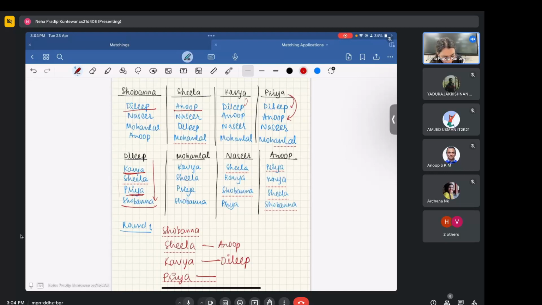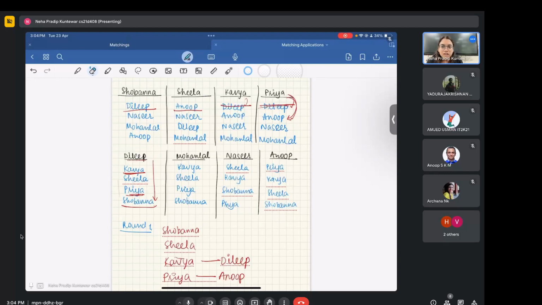Currently Anup is engaged to Sheila, but when Priya proposes to Anup, what would happen? He will accept the proposal from Priya. Exactly. So he accepts the proposal from Priya, and Sheila is now single. So this is what happened at the end of round 1.